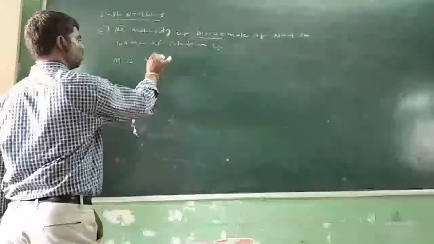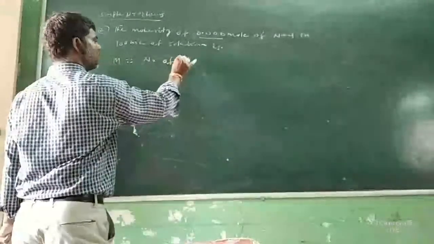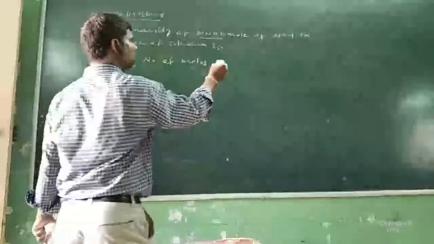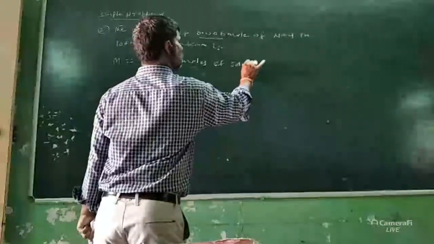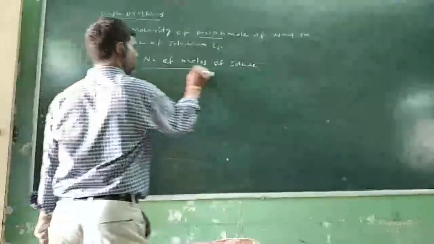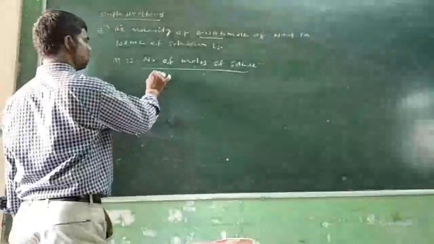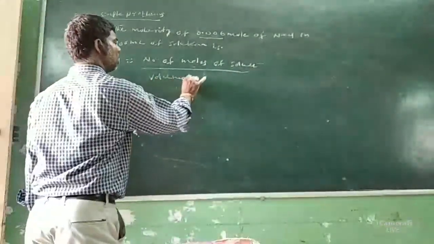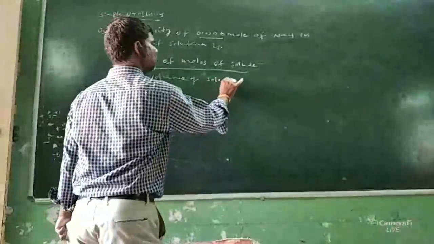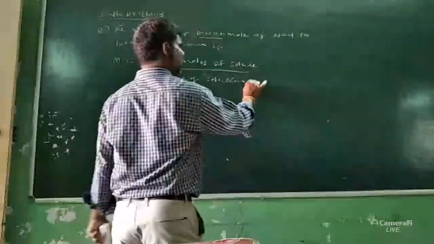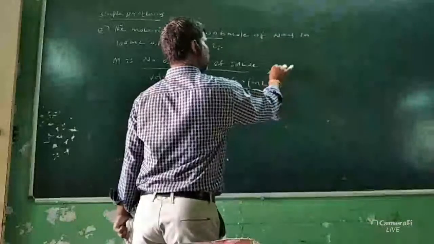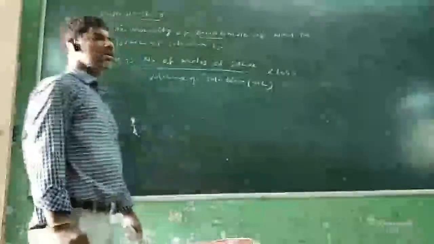A very simple problem: M is equal to the number of moles of solute by the volume of solution in ml, into 1000.